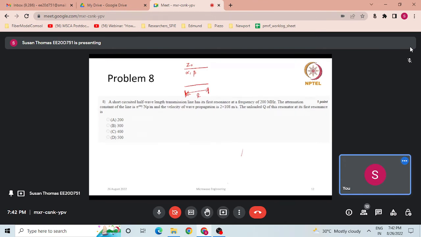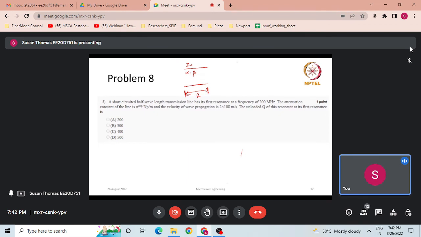Any transmission line having a particular length and a particular termination, we can use as a resonator. So I will brief the discussion which was there in the video lectures.